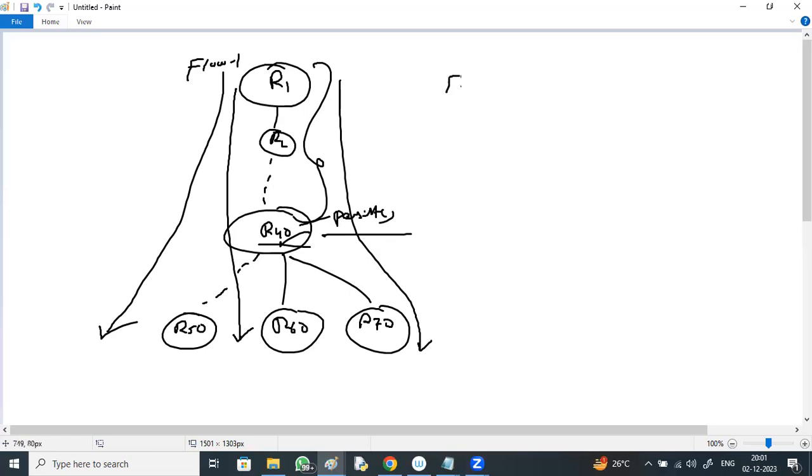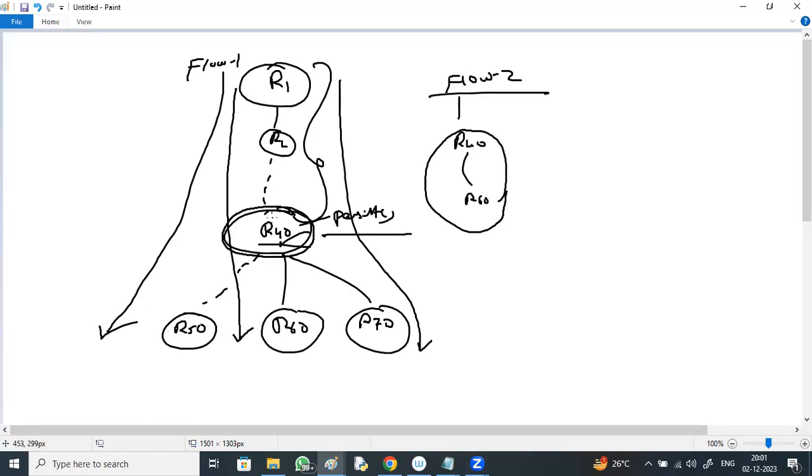Flow 2 has no need to execute from the starting. The first 40 steps are skipped: R40 to R60, that's it. The first 40 steps are reduced in flow 2, meaning the transformations executed in flow 1 are reused by flow 2.